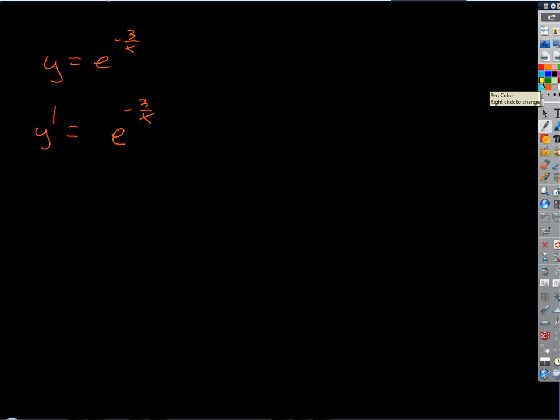Negative 3 halves? No. We end up times 3 over x squared. And so we end up with 3 over x squared e to the minus 3 over x.